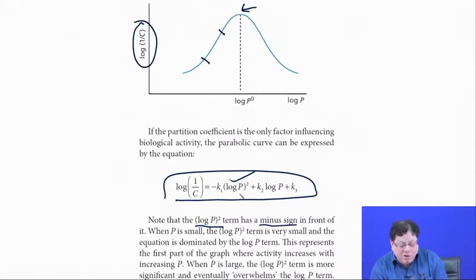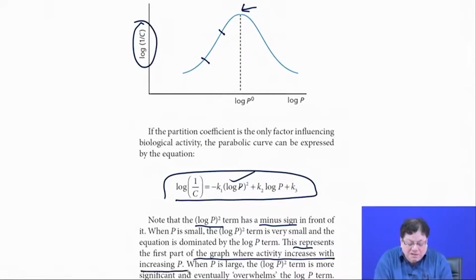When p is small, log p square will be very small at that time, so you can neglect this term. It basically brings back the earlier formula, and this represents the first part of the graph, where activity increases with increasing p. But when p is large, the log p square term is very significant and eventually overwhelms the log p term. See, it is decreasing at that point.